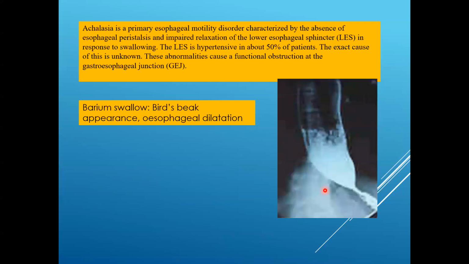Sometimes the lower esophageal sphincter becomes too tight and does not open properly. And there's a problem with peristalsis, so food does not move forward. So the esophagus dilates, and the area of the sphincter constricts. It has a bird's beak appearance.